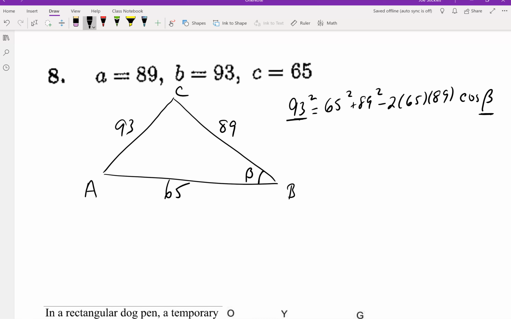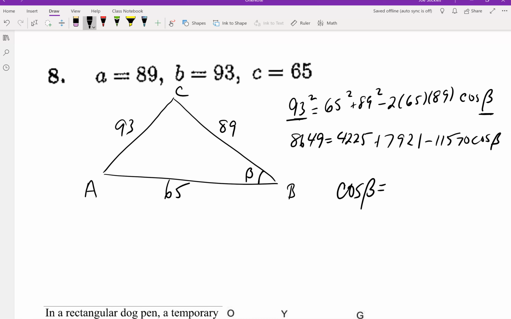So 93 squared is 8649. 65 squared is 4225, 89 squared is 7921. 2 times 65 times 89 is 11570 cosine of beta.